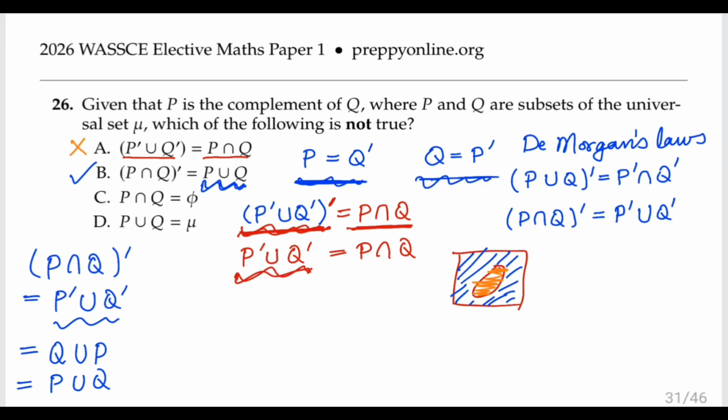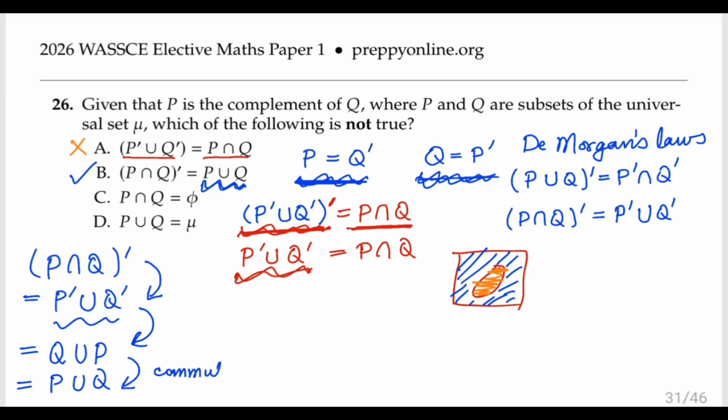Again, in moving from this step to this step, we used De Morgan's laws. And then in moving from here to here, we used the fact that we're given P equals Q complement and Q equals P complement. And then in moving from here to here, we used the fact that union is commutative.